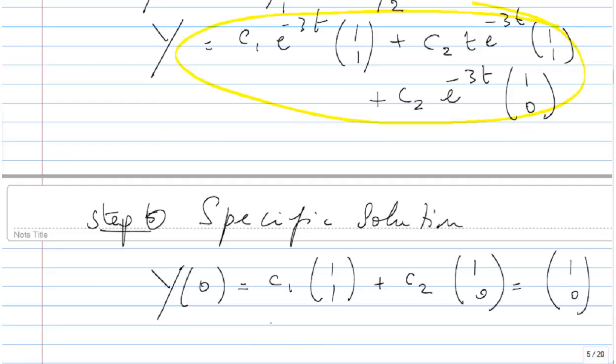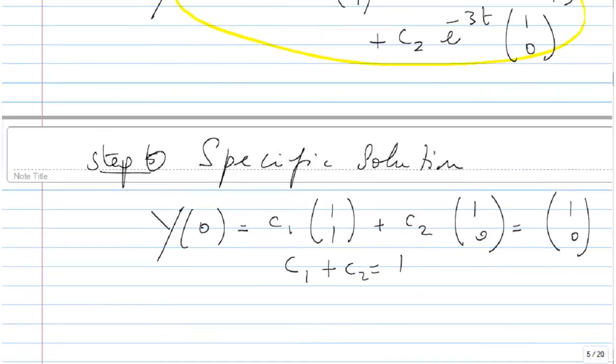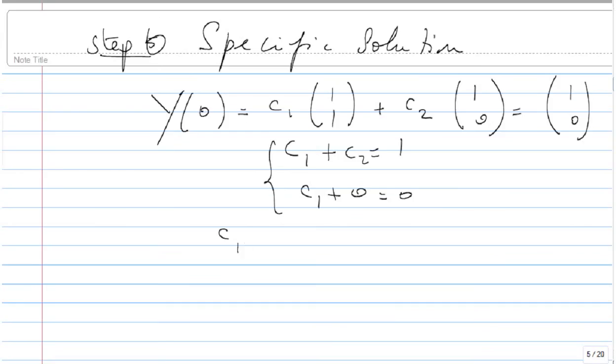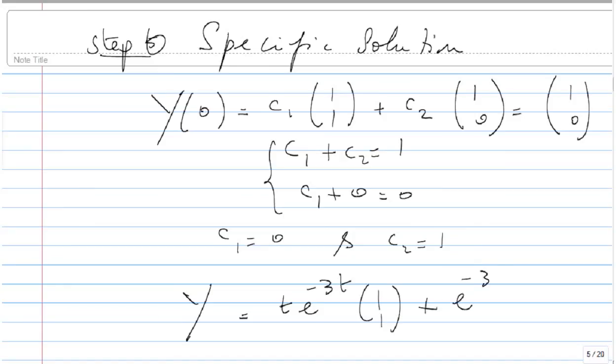This gives me c1 plus c2 equals 1, using linear algebra, and c1 plus 0 equals 0, which obviously implies c1 equals 0 and c2 equals 1. Therefore, Y of t is equal to t e to the minus 3t times 1, 1, plus e to the minus 3t times 1, 0.